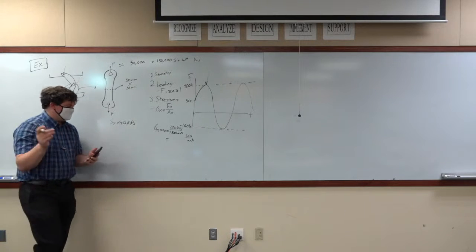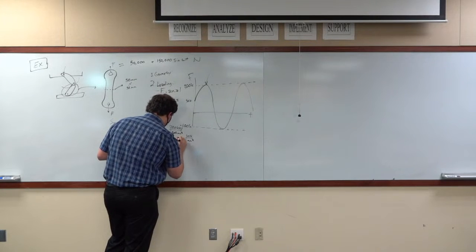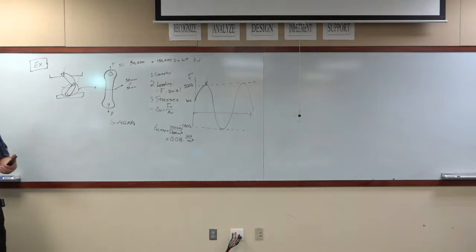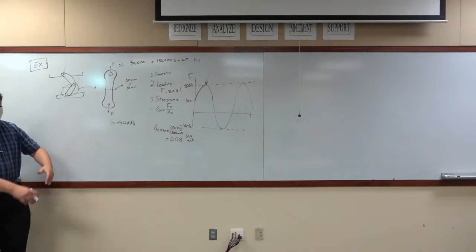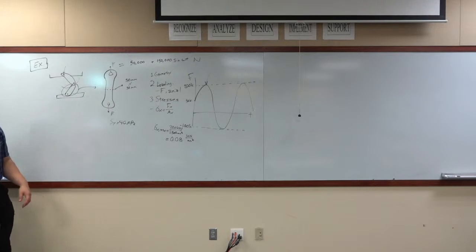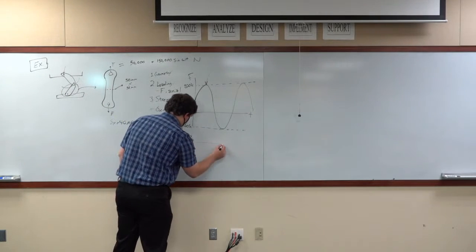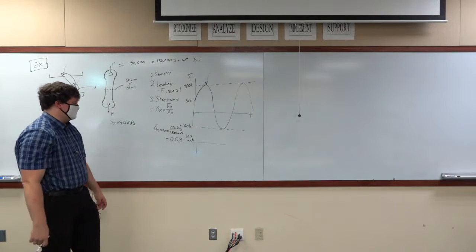Okay, so as he pointed out correctly, and thank you for checking my math, I do appreciate that, this is 0.08 kilonewtons per millimeter squared. That's not a useful unit. So how do we get to megapascals? Well, a megapascal is a newton per meter squared.